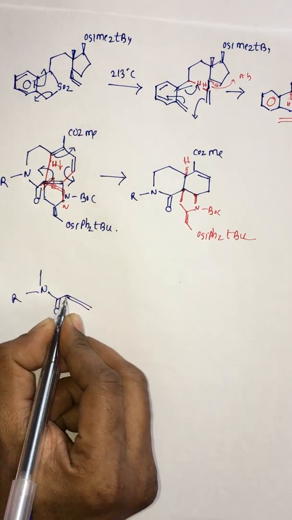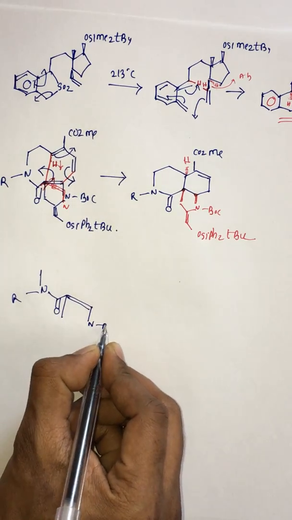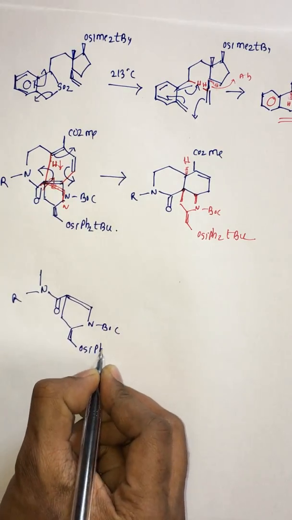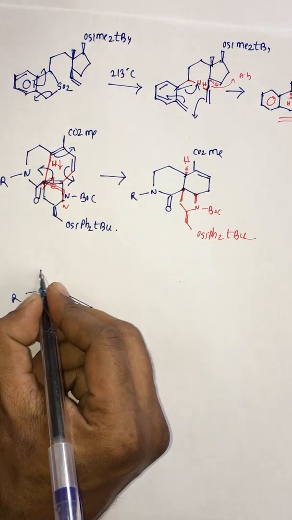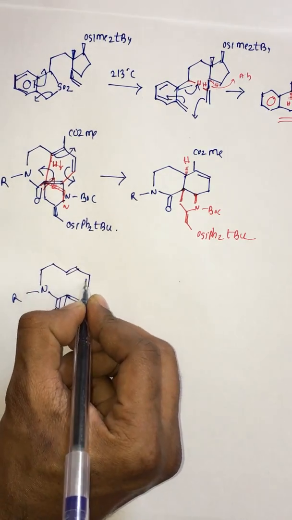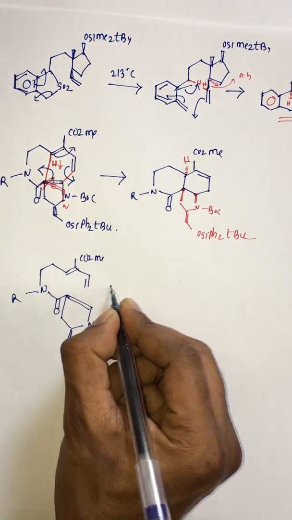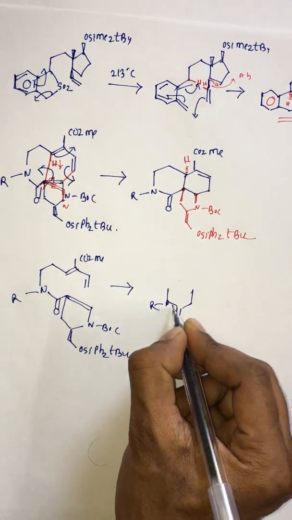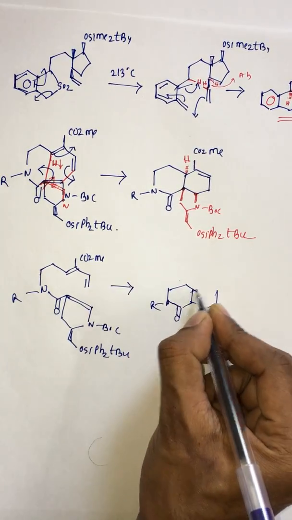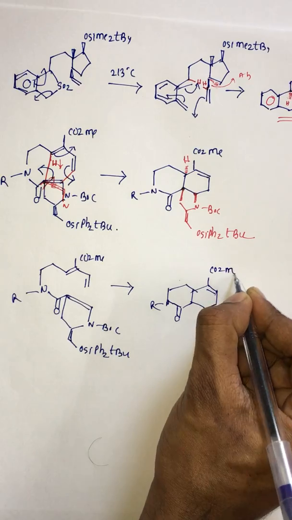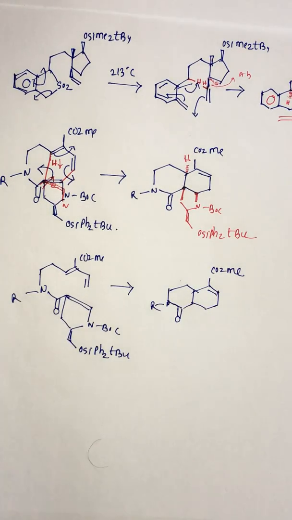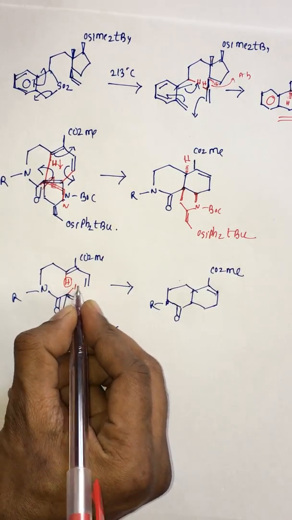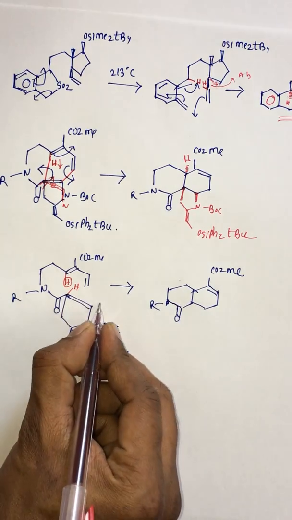In the book they have given like this, and here double bond O. So if you see here, this hydrogen is facing downside and this hydrogen is facing upside, and this whole group is facing downward.